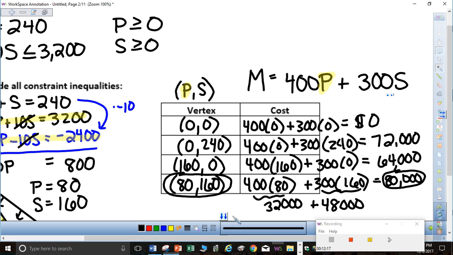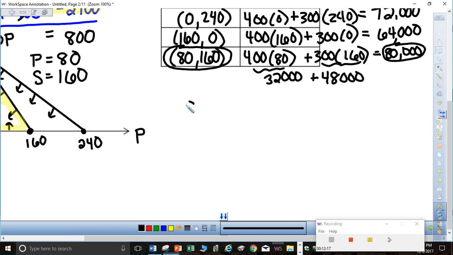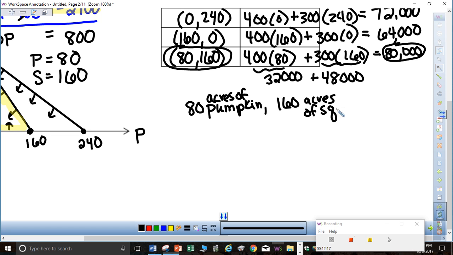So let's go ahead and circle that, and we can say the best combination is going to be 80 acres of pumpkin, 160 acres of squash, and that's going to give us a maximum profit of $80,000.